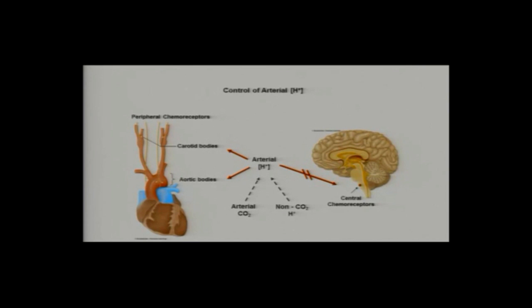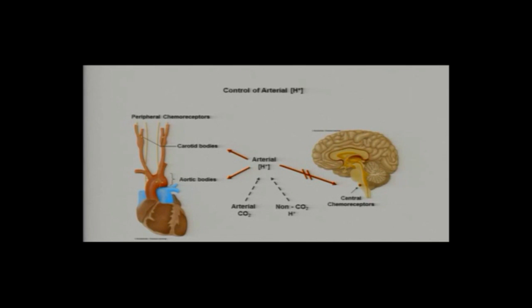Now, when that happens, let's say the problem is CO2. Let's say your respiratory rate goes down for some reason, you're not breathing enough, and your CO2 levels rise. Before a rise in CO2 can actually affect the blood pH, that rise in CO2 is very quickly going to be sensed by the central chemoreceptors.